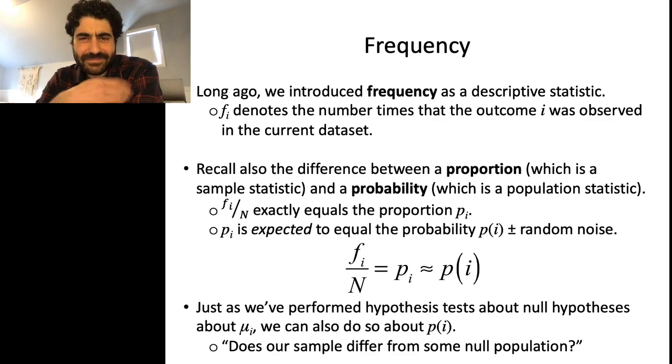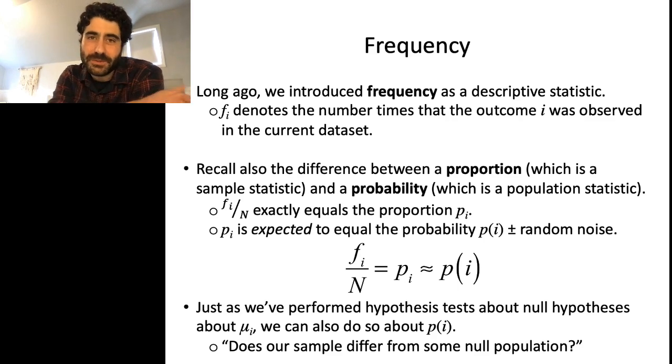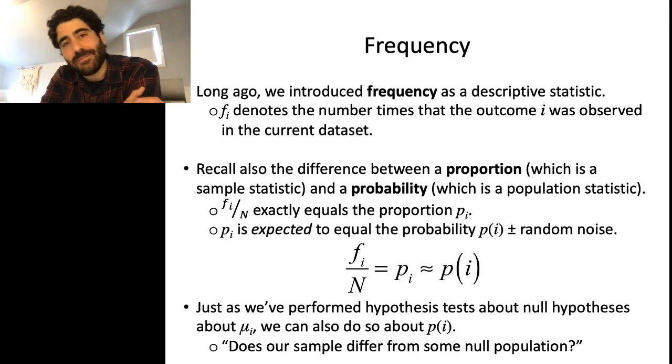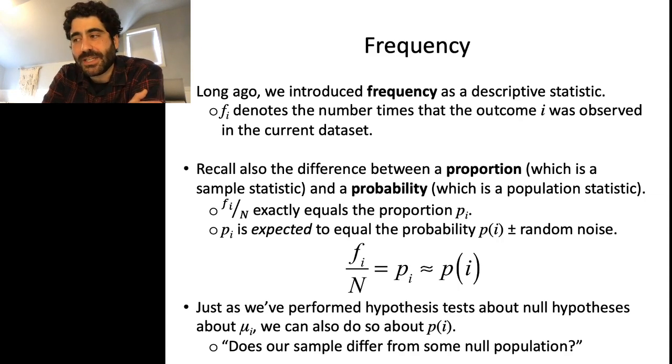So we're going to get some kind of null distribution by doing some mathematical manipulation of probabilities, whereas the proportions are coming from this other direction, which is just counting things in the data. And what we're hoping is that the two of them will meet, that the things we're measuring in the data are going to match up with something that we're deriving from the math. So you could think of a proportion as just the sample version of a probability.